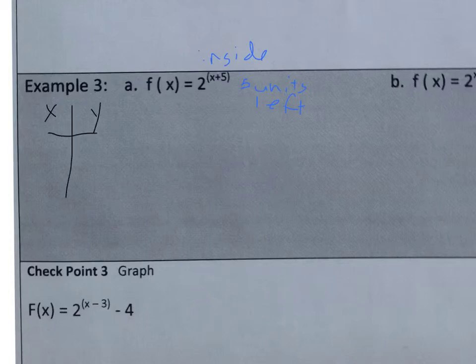We're not going to want to use -2, -1, 0, 1, and 2. We're going to want to use 5 less than that, since it's moving left 5. So we're going to take 5 away from each number. So if we take 5 away from -2, we're going to use -7, and then -6, -5, -4, and -3.